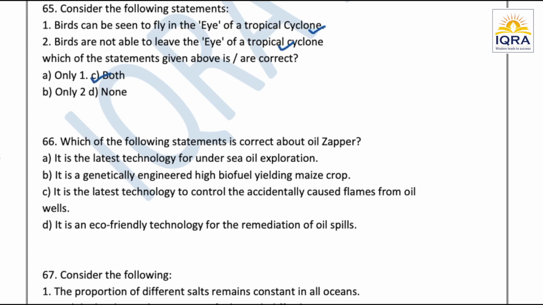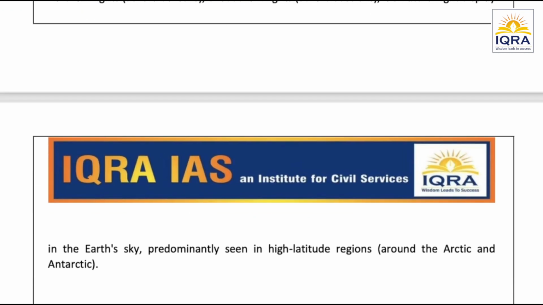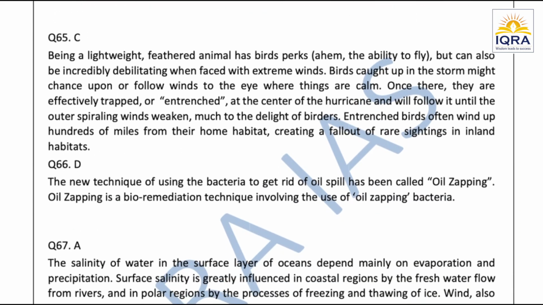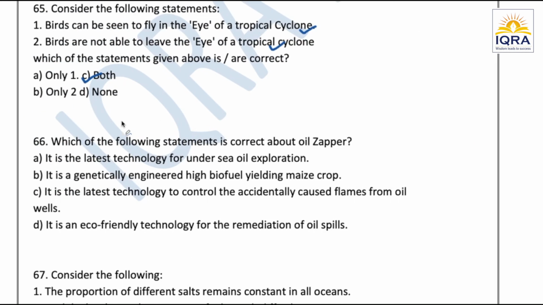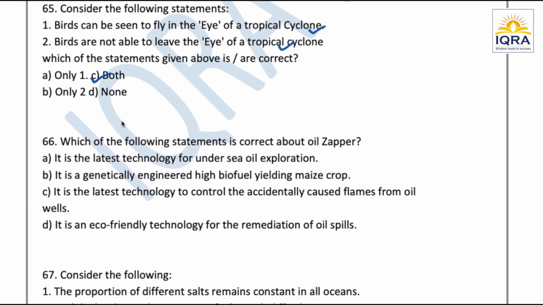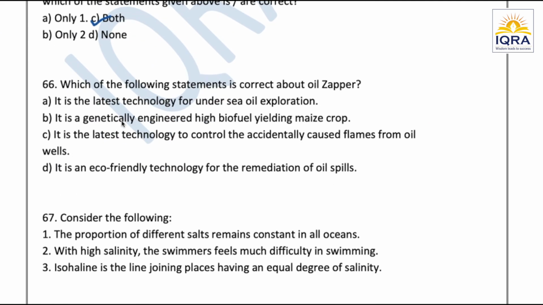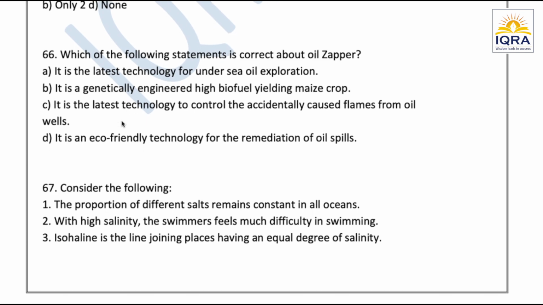Let me again take you to the explanation page where it says that the birds, they're effectively trapped or entrenched at the center of a hurricane and will follow it until the outer spiraling wind is weakened. ठीक है, वो जब तक बाहर नहीं निकल पाएंगे तब तक that spiraling becomes weaker. Right? Moving on to the next question.